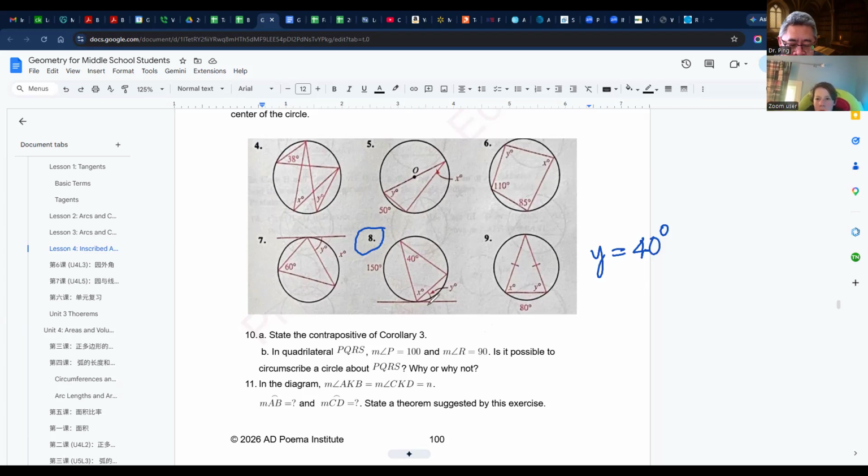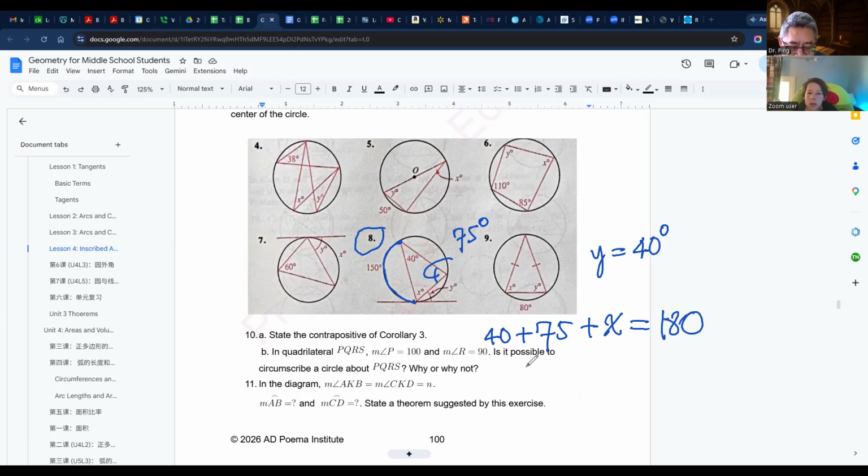Well, to find X, you can see what happened to this angle. This angle is facing, so we're looking for what information we have, which is 150. Good. So this angle then is half of that, which is what? 75, right? Yep. And then we know 40 plus 75, then plus X, that's three angles, so a triangle, so 180.